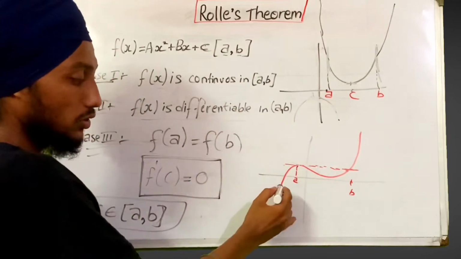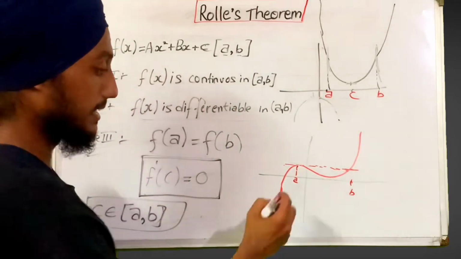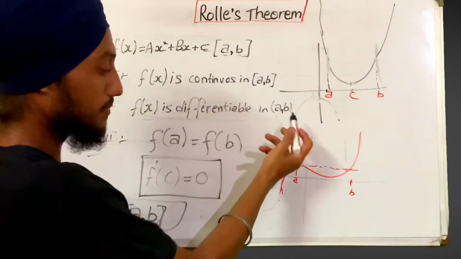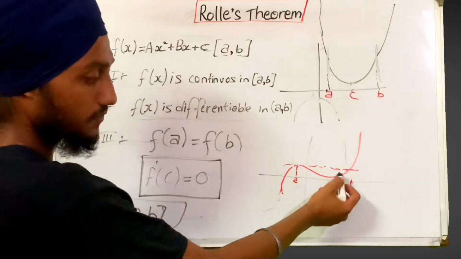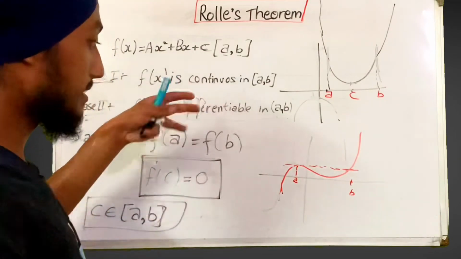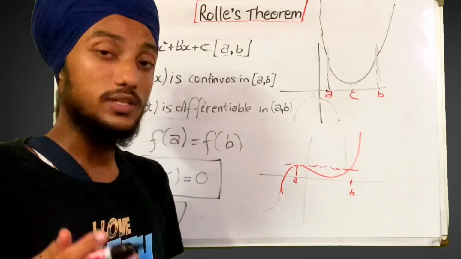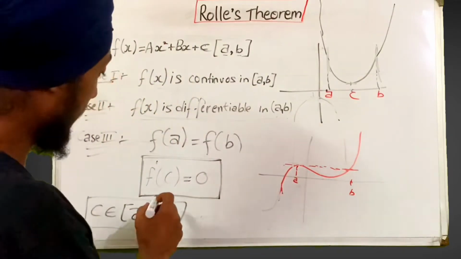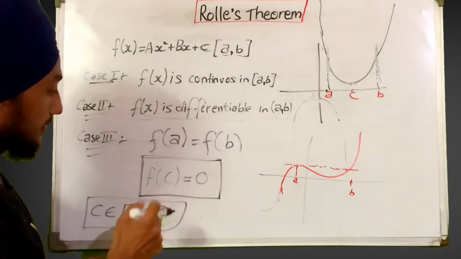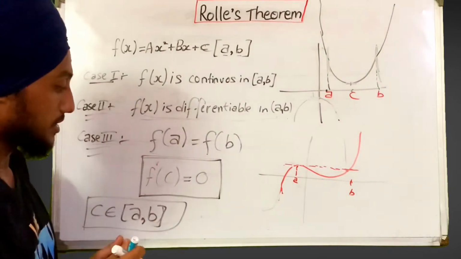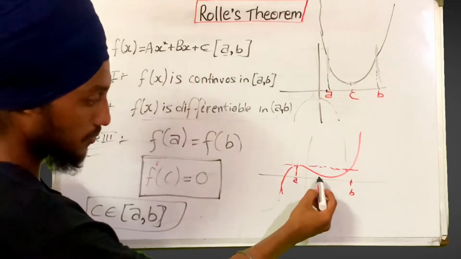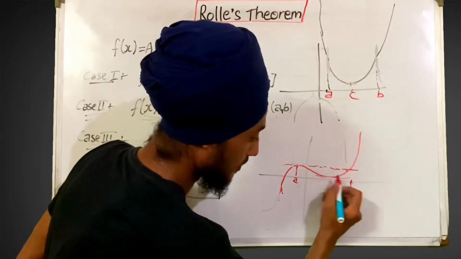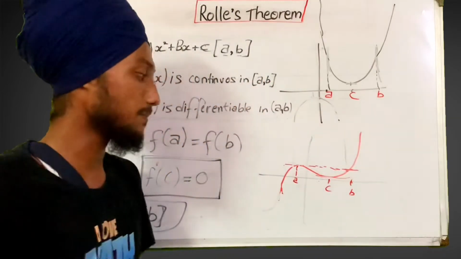There is no discontinuity at any position in the interval a and b, and in the interval it is also differentiable everywhere. So these three conditions are satisfied. So we can now say that there is some point where f'(c) = 0, so that c lies between these points. This is the point where the slope of our polynomial becomes 0. So this is the point C.